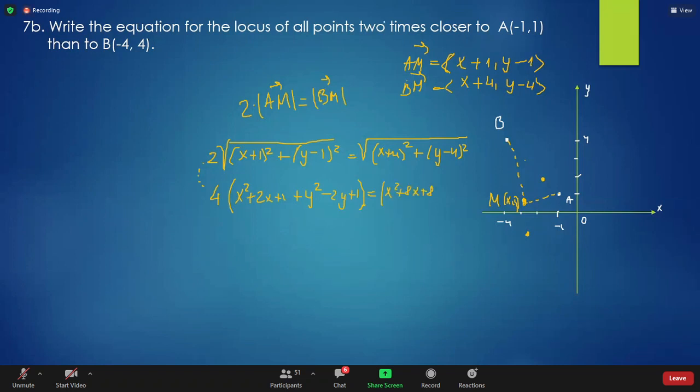And now we have to open these parentheses, and so we have 4x squared plus 8x plus 4 plus 4y squared minus 8y plus 4. Oh, sorry, I keep writing things that are not true. This was a 4.